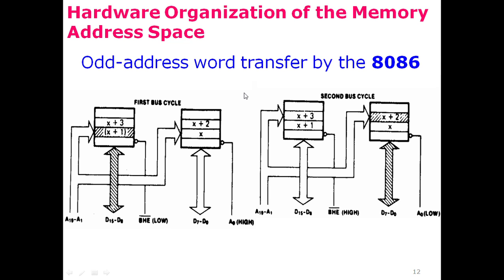Here, if only the odd address word is transferred by the 8086 microprocessor, then this would take 2 bus cycles. In the first bus cycle, for example, the microprocessor has to send a 19-bit address to the memory, and in this first bus cycle, the first byte from the odd bank is selected, and as the corresponding address would identify an even address byte here, that is not read in this first cycle.